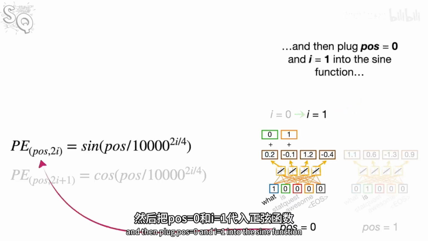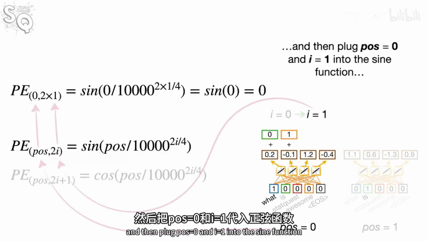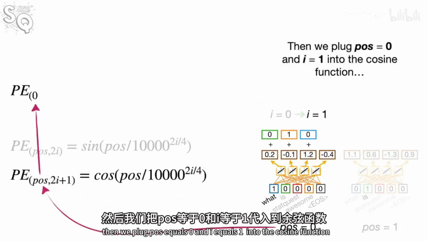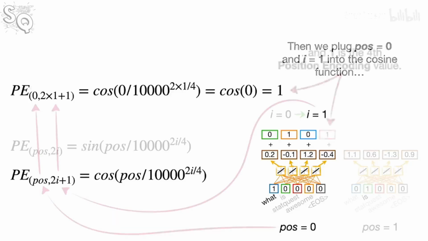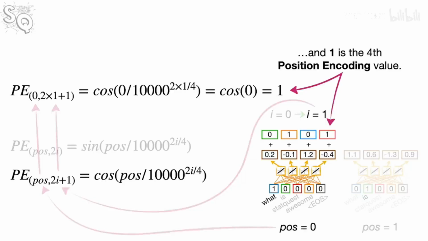And then plug pos equals 0 and i equals 1 into the sine function, and 0 is the third position encoding value. Then we plug pos equals 0 and i equals 1 into the cosine function. And 1 is the fourth position encoding value.